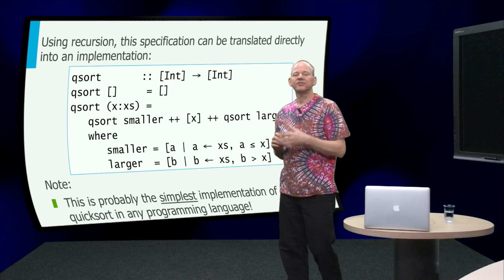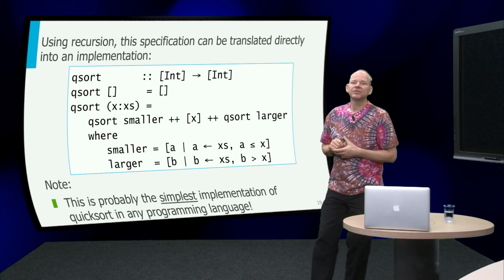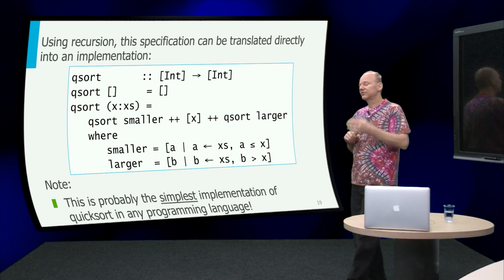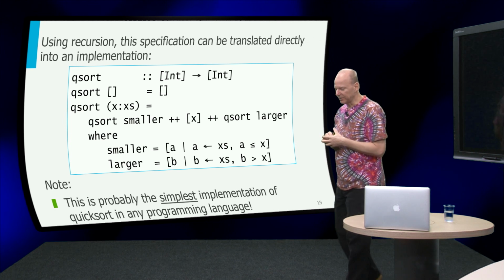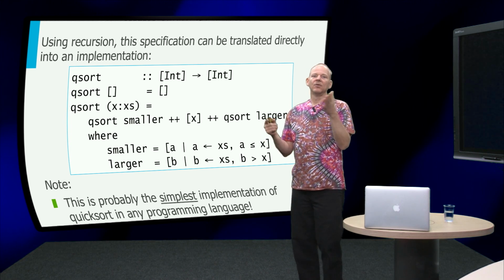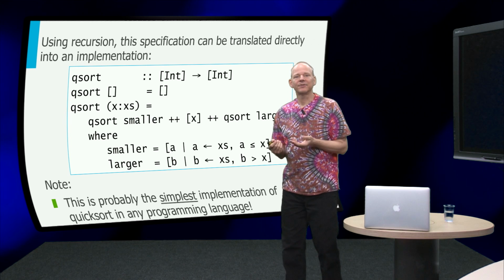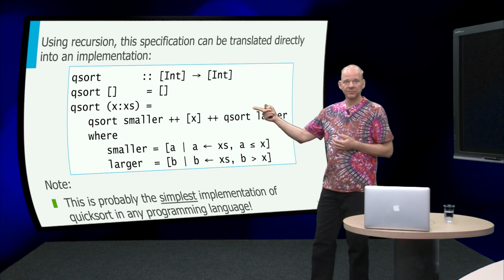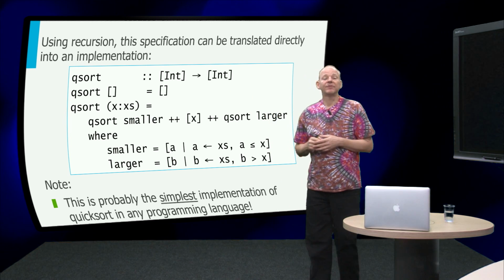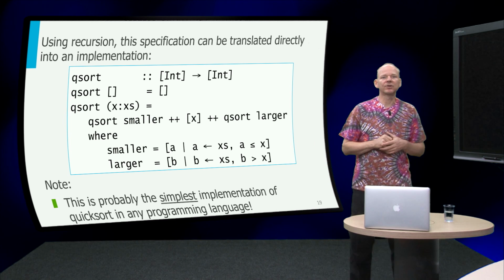All right, here's the implementation of quicksort. Similar to the very first lecture, only now it's called quicksort instead of F. When we have the empty list, it's already sorted.